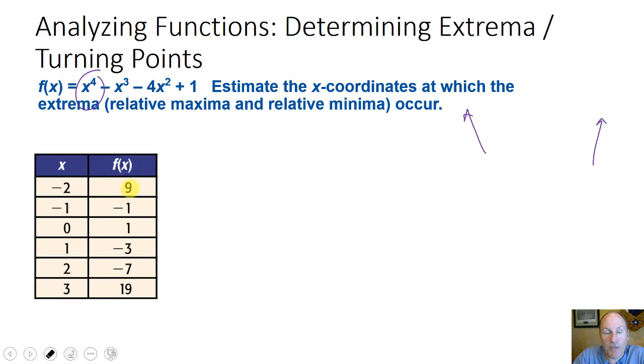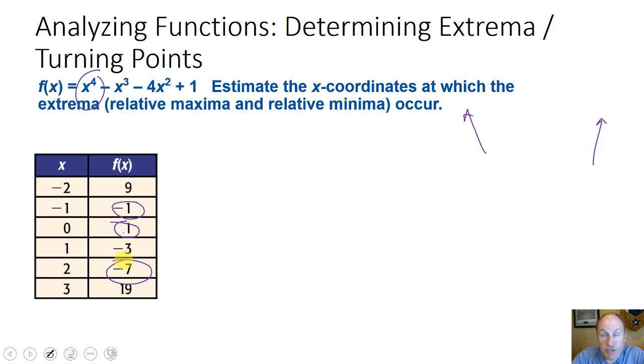What we're looking for now, though, is points where the value of the function is greater than or less than those of the surrounding points. Well, I see at -1, it appears to be quite a bit smaller than the 9 or the 1. I also see the 1 is greater than the points around it, and the -7 is much less than the points around it.